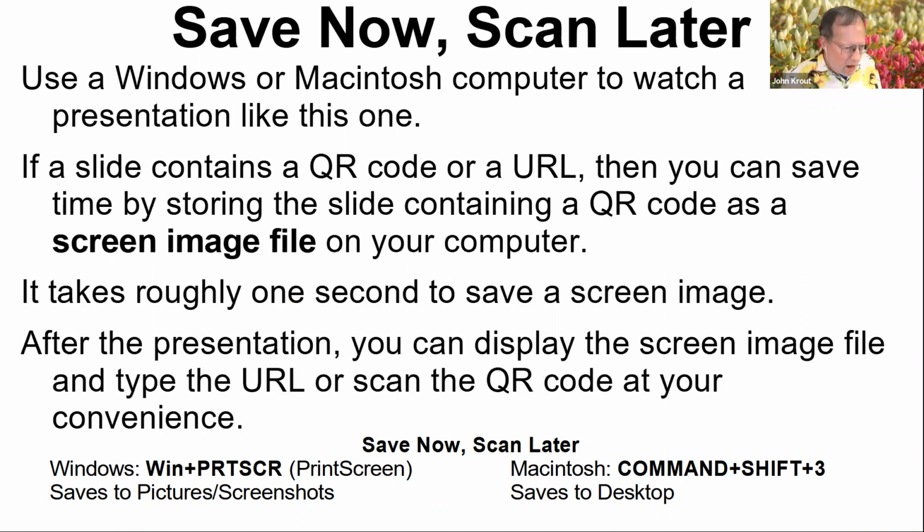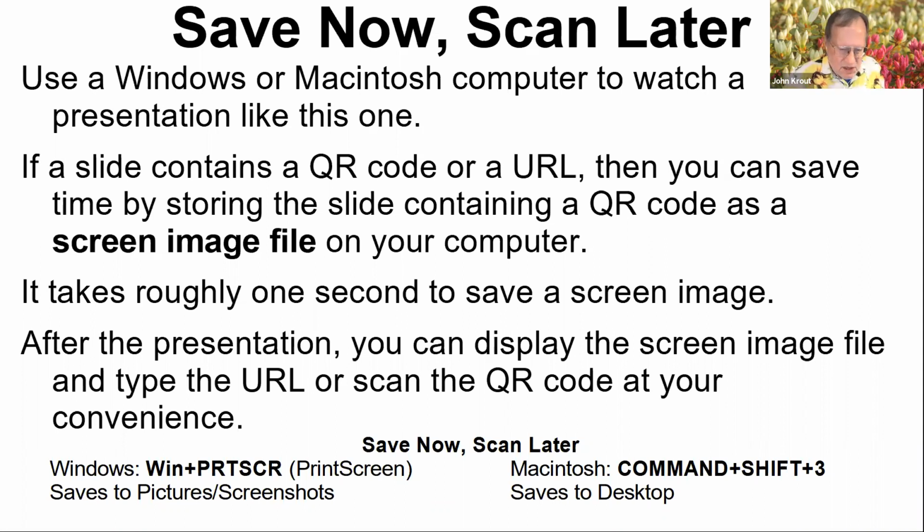Now, on the bottom of the screen, whenever I show a URL or a QR code, you're going to see the same reminder you see here on the bottom of this screen. For the Windows computer users at home, you hold down the Windows key and then tap print screen, which is sometimes abbreviated PRT-SCR. It's another key on your keyboard, and it saves the current screen, whatever it is, to a subfolder of pictures called screenshots.